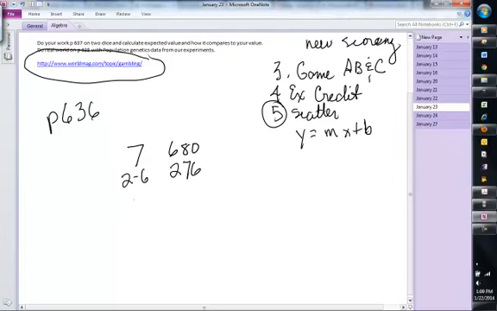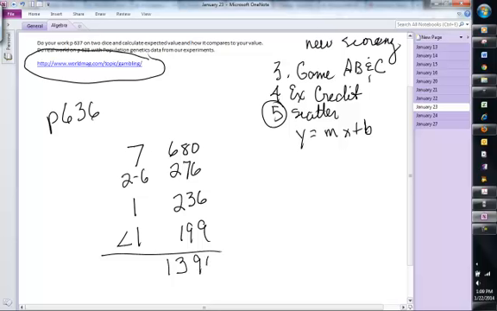Those that have 1 time per week is 236. And less than 1 is 199. And the total number of people is 1391.